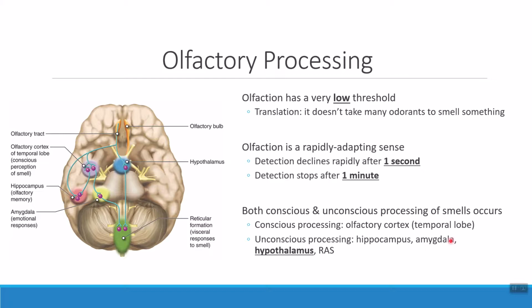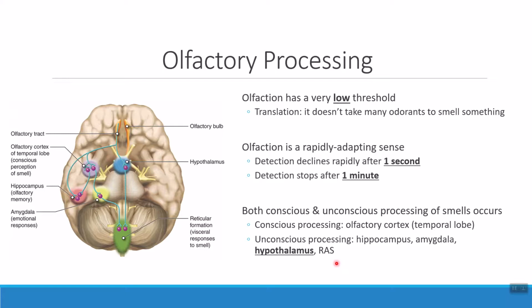Places like the amygdala, where we might have an emotional response to the smell. Places like the reticular activating system that helps me know if I need to have some kind of visceral response, my organs respond. All of these happen at the same time as you're consciously perceiving a smell, or even before we consciously perceive a smell.